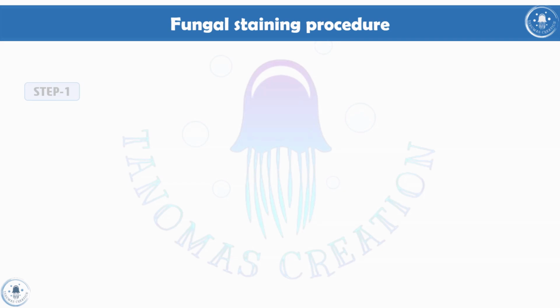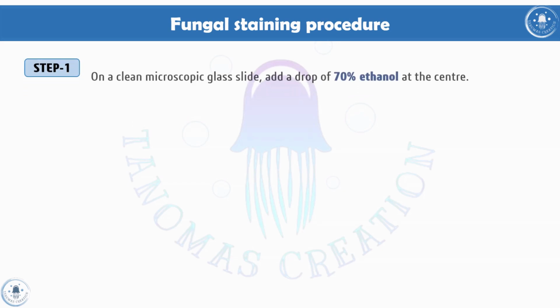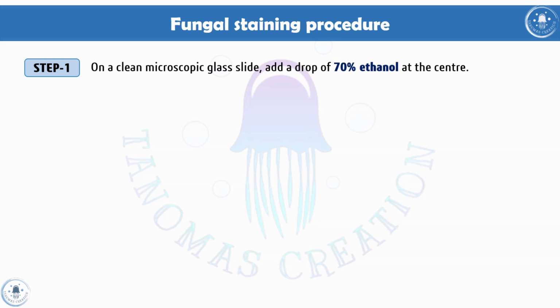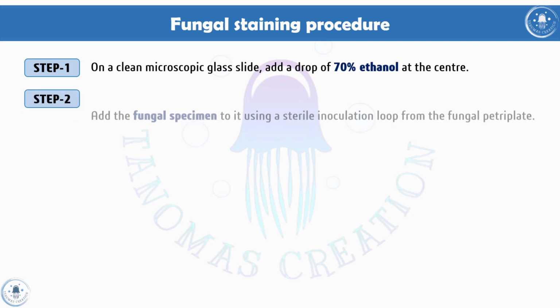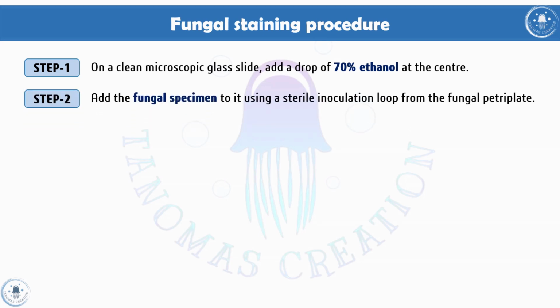In the procedure, in step 1, you take a clean glass slide and add a drop of 70% ethanol to it at the center. After putting it, in step 2, you add some fungal specimen to it.